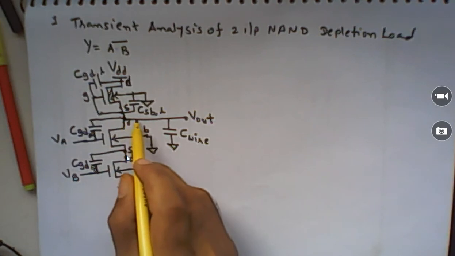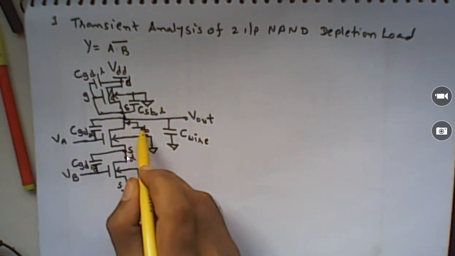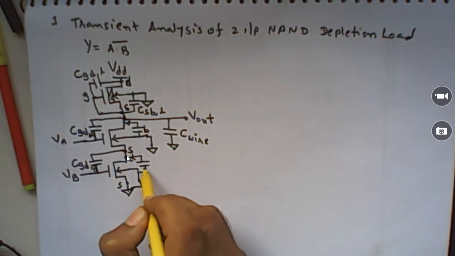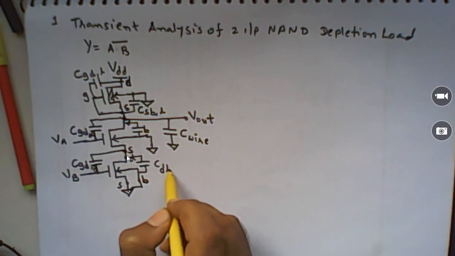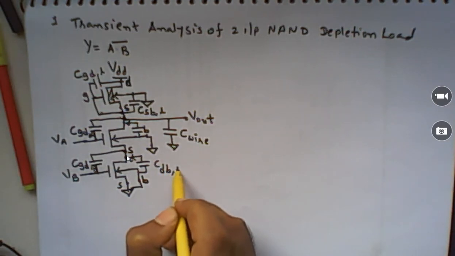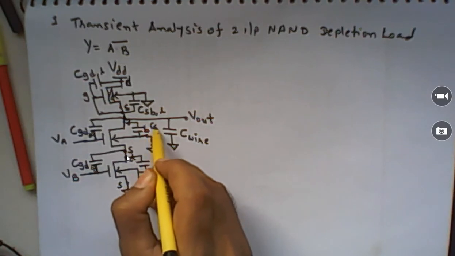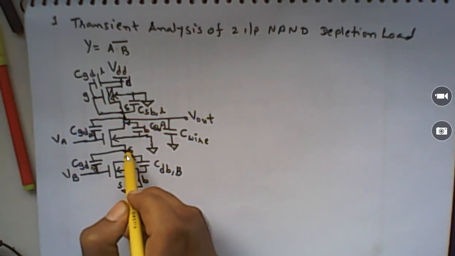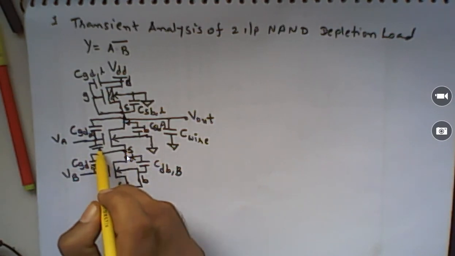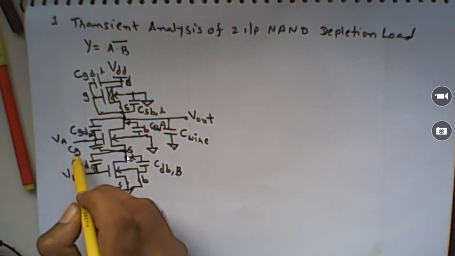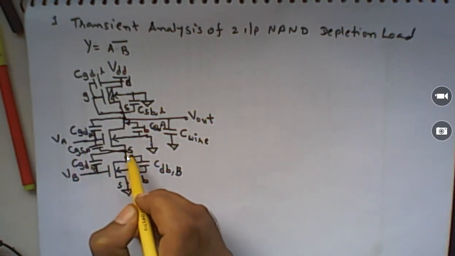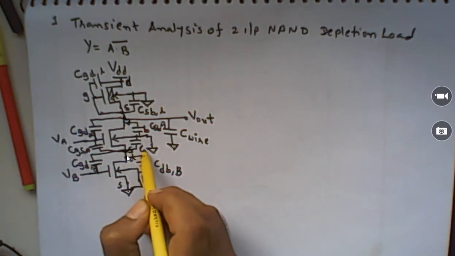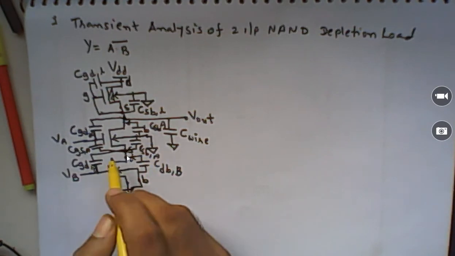Here the drain is at the output and the bulk is connected to ground, so it is a drain to bulk capacitor. Here also a drain to bulk capacitor: one is drain to bulk of B and the other is drain to bulk of A. Then the capacitance between the internode and the input: this capacitor is between the gate and source of A, and the capacitance between the source and bulk terminal of A, the source to bulk of A.